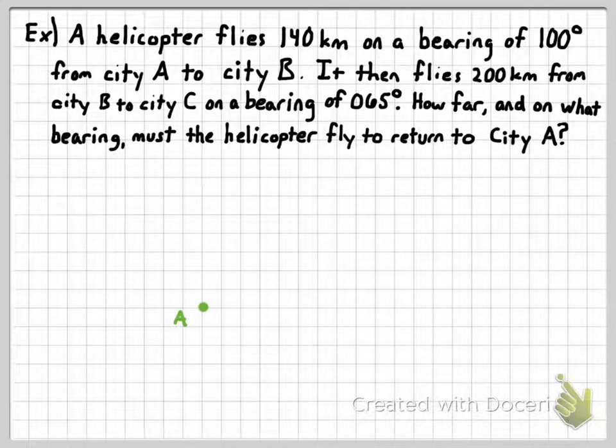Now, in order to get that direction correct, I want to draw a mini compass through point A, because that'll help me see where 90 degrees, 180 degrees, and all that kind of stuff is. And it'll help me get this line going in the correct direction. 100 degrees is just past 90 degrees, isn't it? Because remember, we're starting in north here, so there's 90 degrees. So about this way is going to be the path from city A to city B.